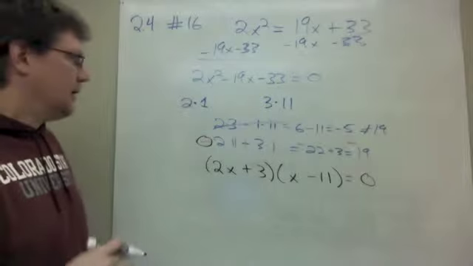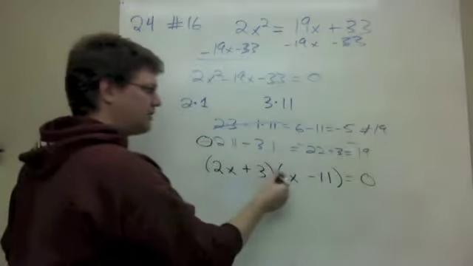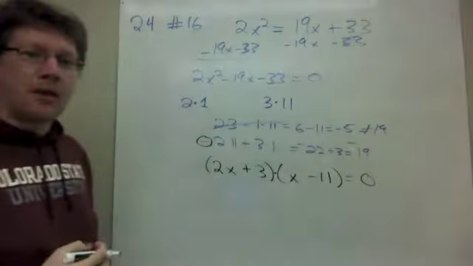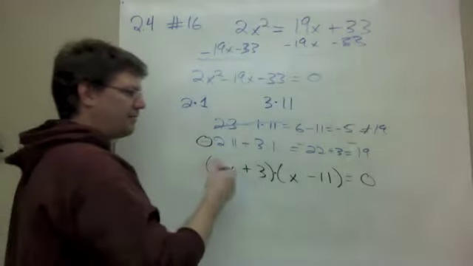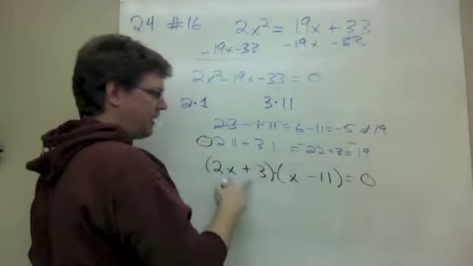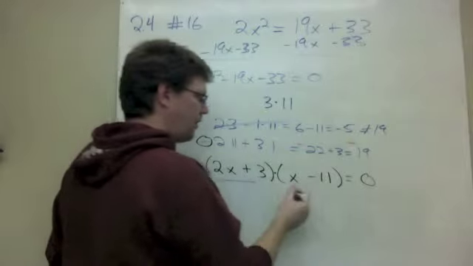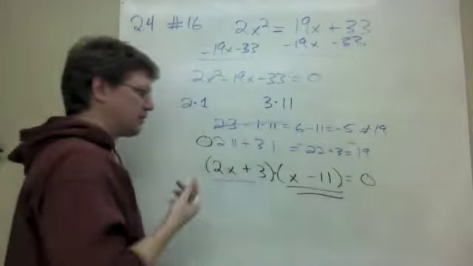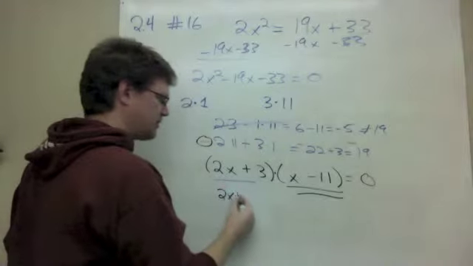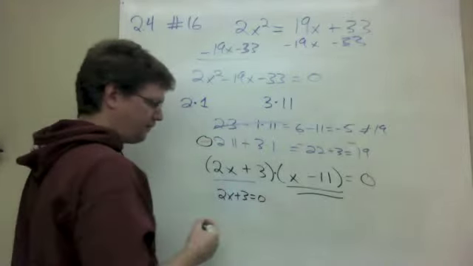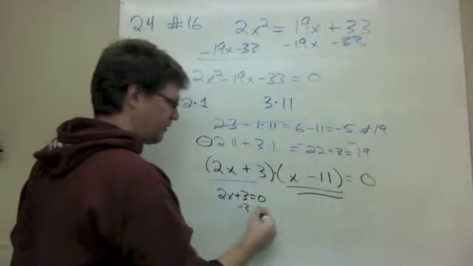Okay. Now, we have two things that are multiplied together that equal 0. We know that in multiplication, to get a 0, either this has to be 0 or this has to be 0. So our two solutions are 2x plus 3 is equal to 0. We subtract the 3 to the other side.